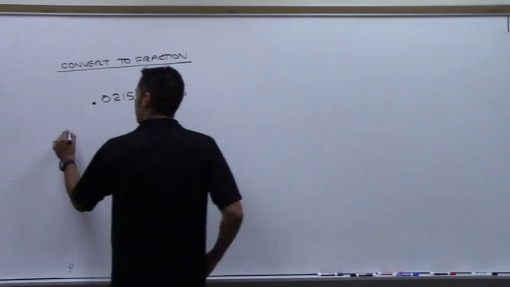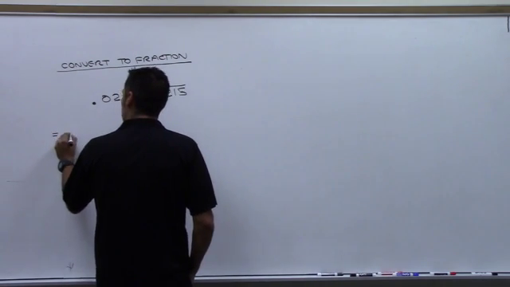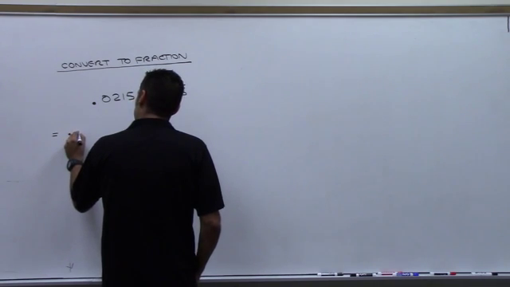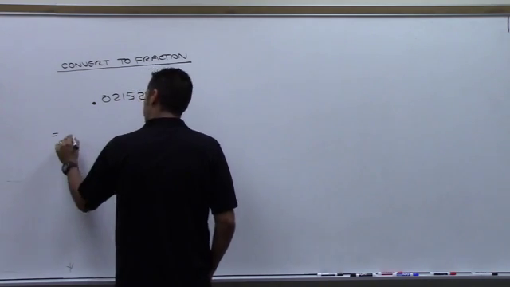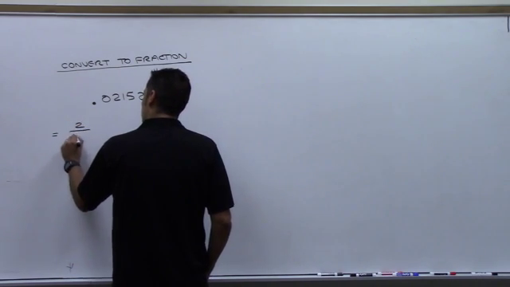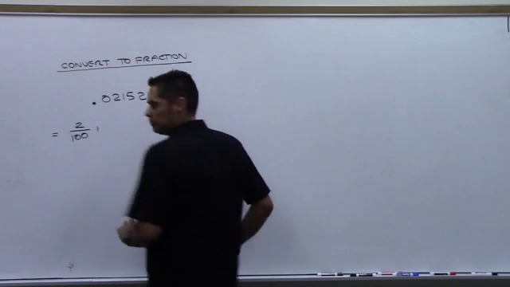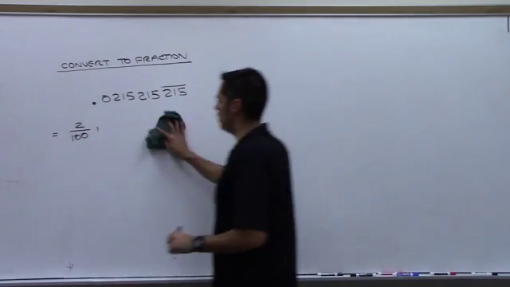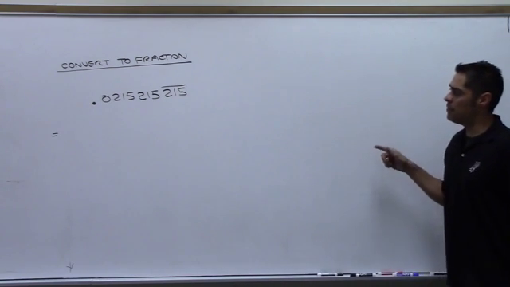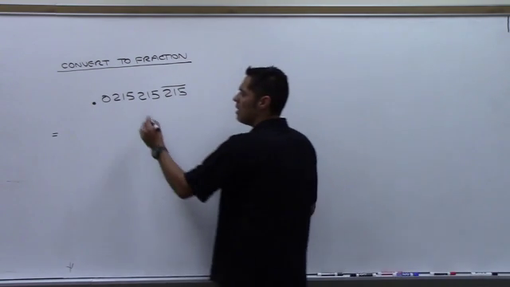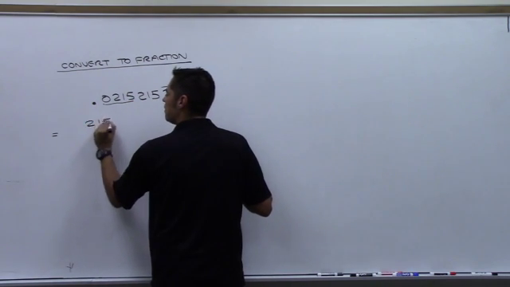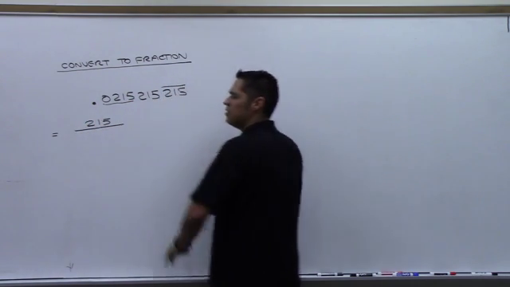Here's what I'm going to do. Let me do it this way. I want to do one just a little bit different. What is the part that's repeating? 215, 215, 215. So could I write this first part as 215 somethings?